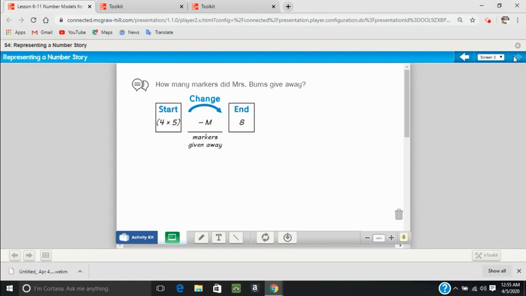So how many markers did Mrs. Burns give away? Well, now we have to start using our mathematical equations. So we start out with 4 times 5. We give away some markers and end with 8. So we are going to use what's called a start, change, end model.